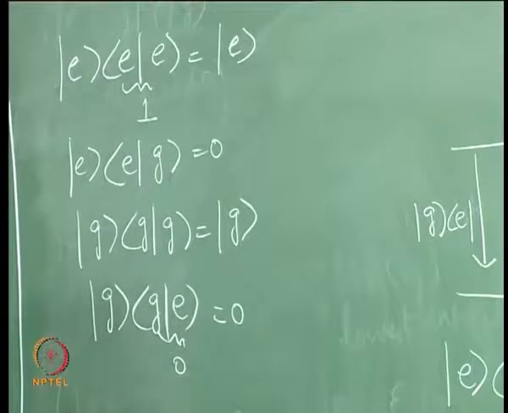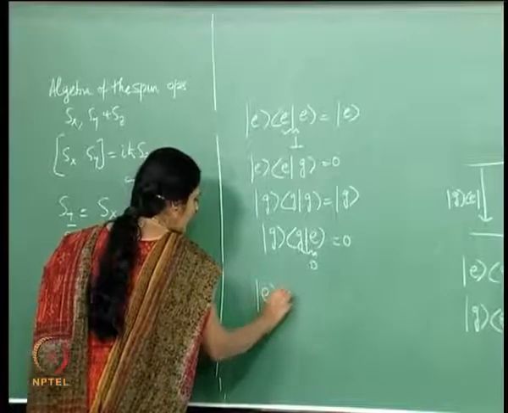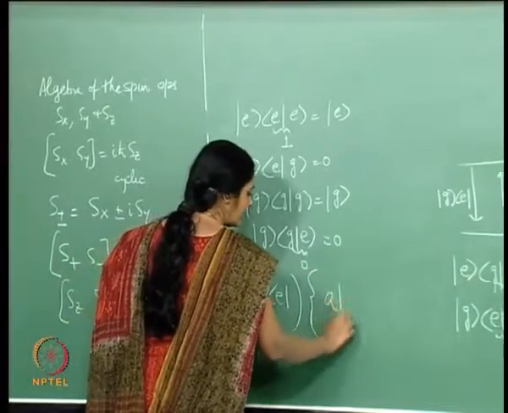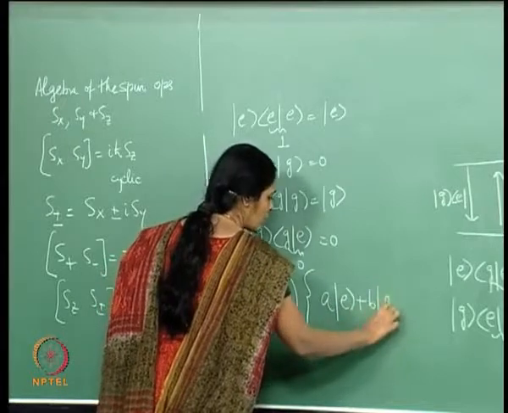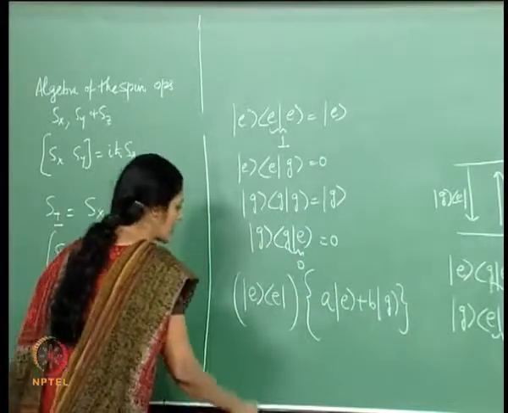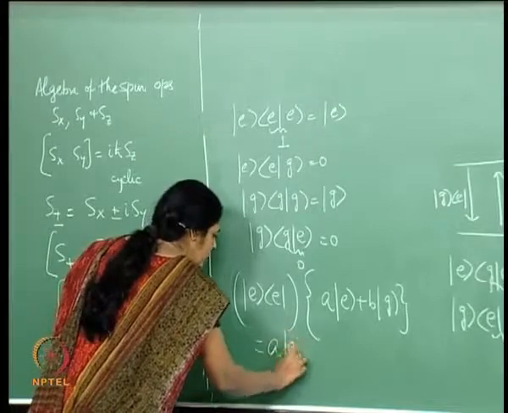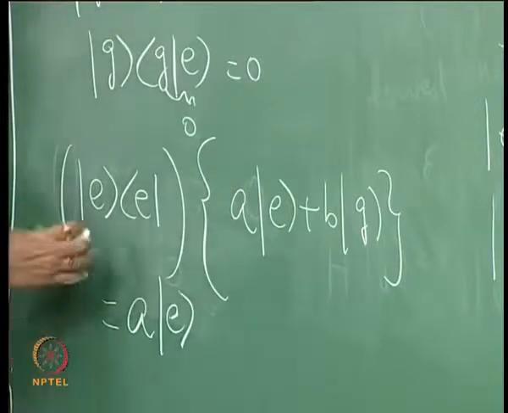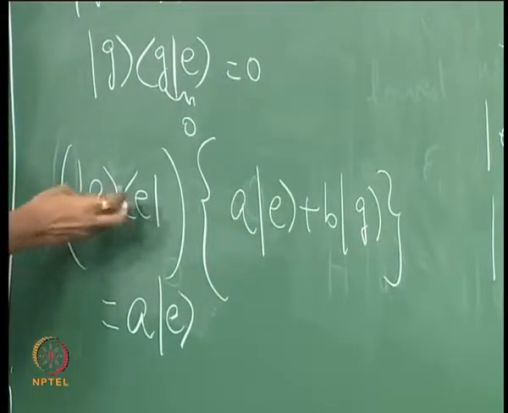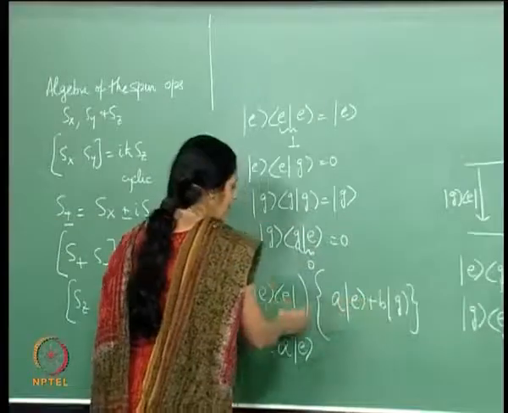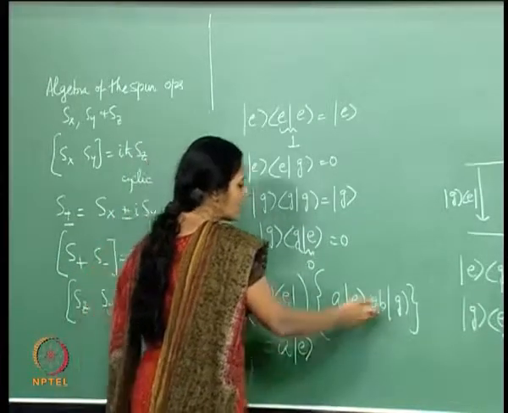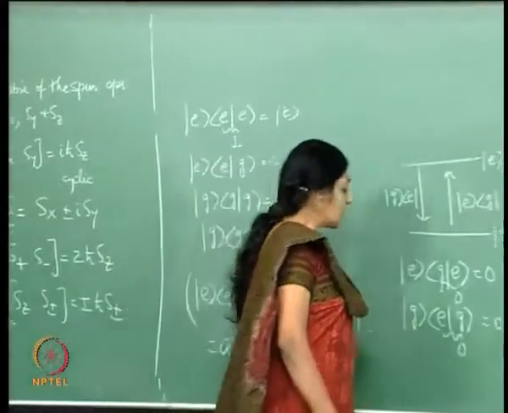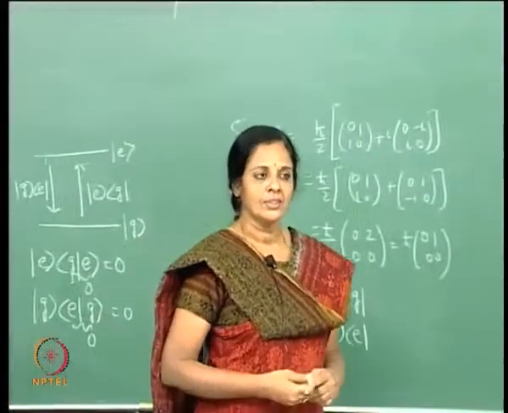Now from this it is evident that when the operator |e><e| acts on a generic ket which represents a vector in the linear vector space, it simply gives me a ket e. Similarly, if I replace all the e's by g's, I find that the operator |g><g| would simply project out the component of the state in the direction of the basis vector g.